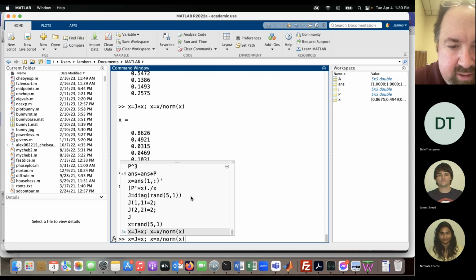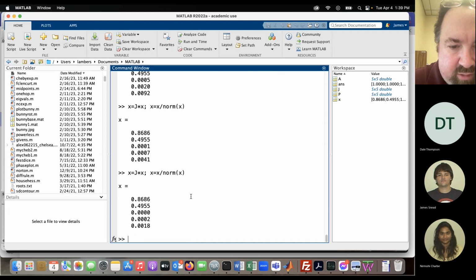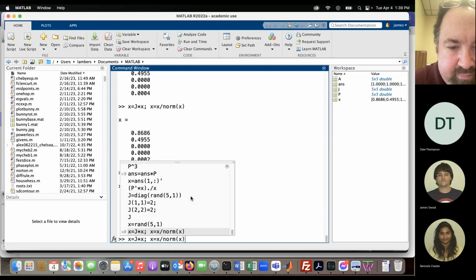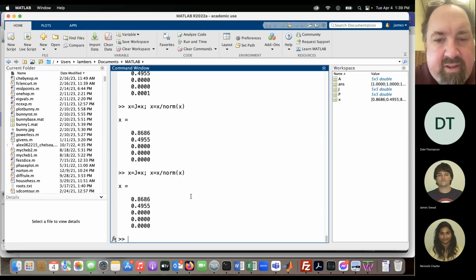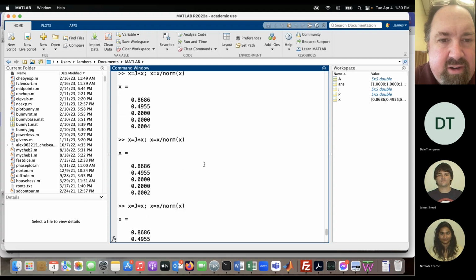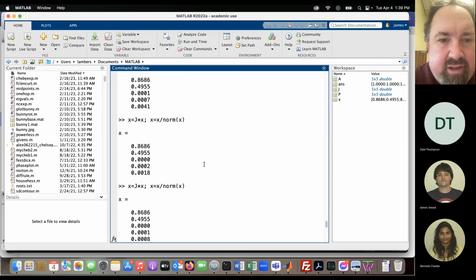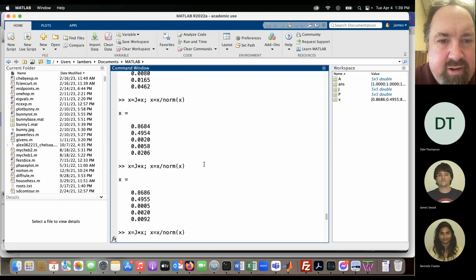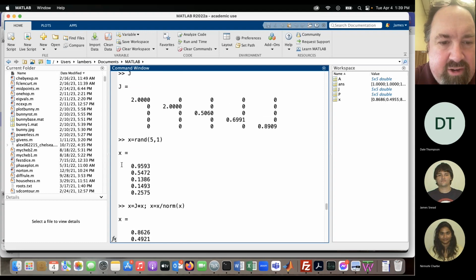Yeah, they are going to 0. And notice the top two entries are staying the same. And you know what I should have done earlier? Actually, I'm going to go back and get the original vector. Okay, here's the original vector.